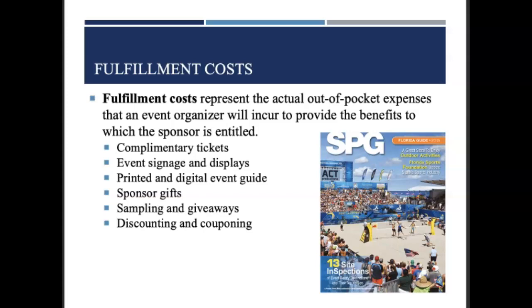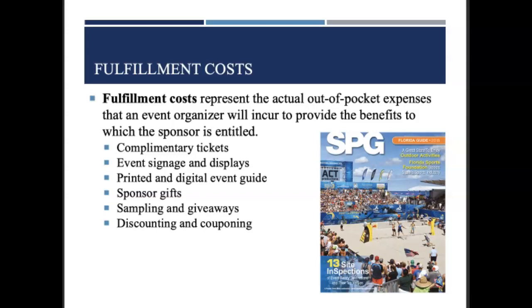So complimentary tickets issued to a sponsor, that also means, although it doesn't seem like we have spent money, but since we give these tickets to the sponsors, that means we lost revenues for selling this ticket to the target audiences, right? So this is also a cost that we have to calculate.